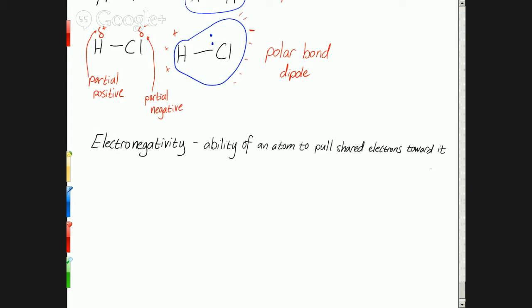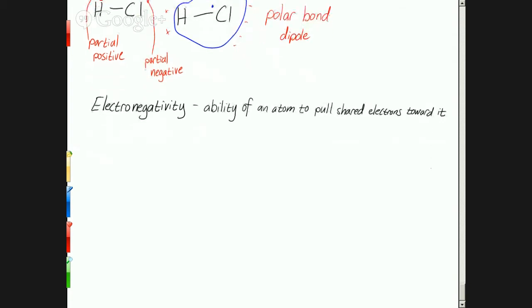We're not saying it's ripping electrons out of the air and attracting them. We're saying when this molecule is in a covalent bond, an atom that is electronegative will pull those shared electrons more toward it, leaving this lopsided nature that we call a polar bond.